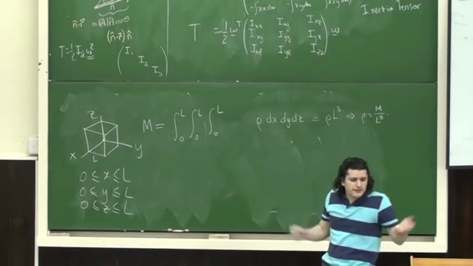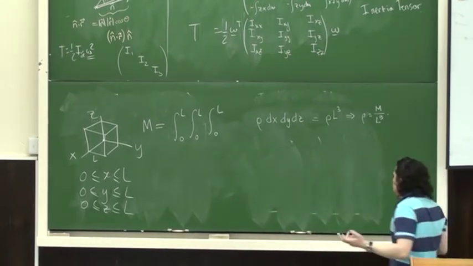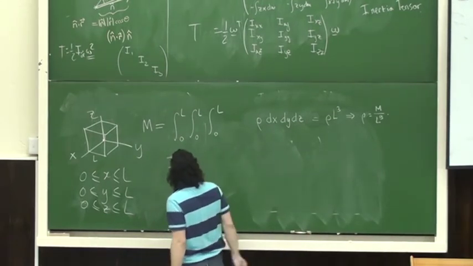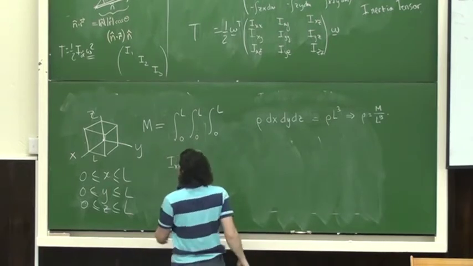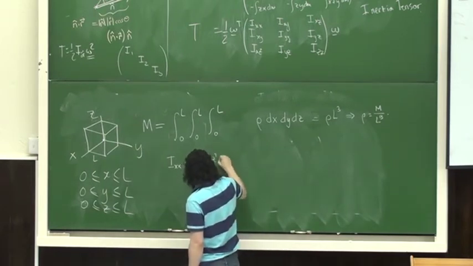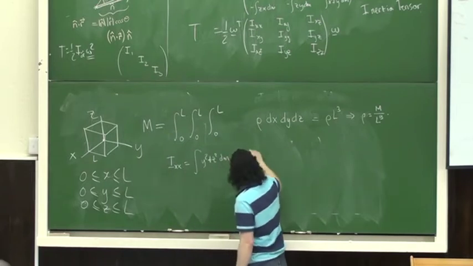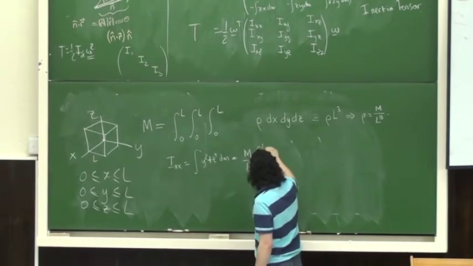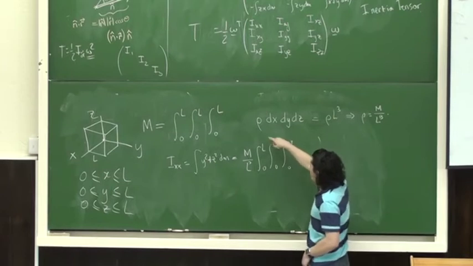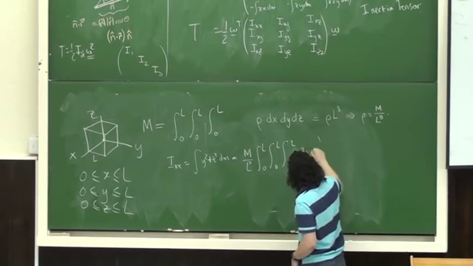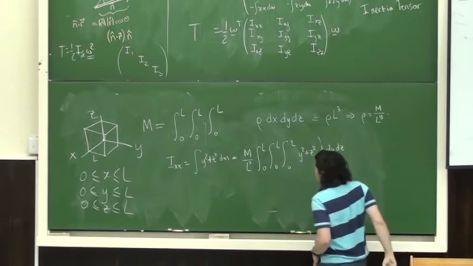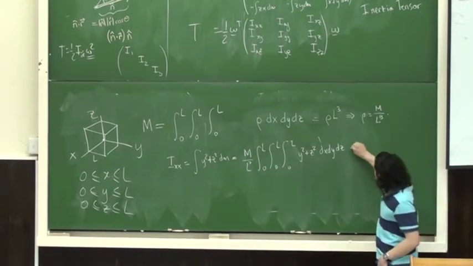Of course, if you're not convinced that integrals are equal, then don't use symmetry. Then compute everything. That's also fine. So let's work out Ixx. Ixx is going to be the integral of y squared plus z squared dm. That's going to be m over L cubed times the integral 0 to L times the integral 0 to L times the integral 0 to L of y squared plus z squared dx dy dz.